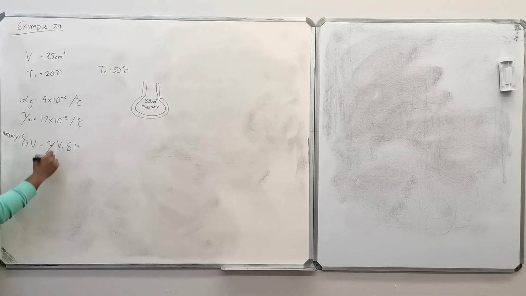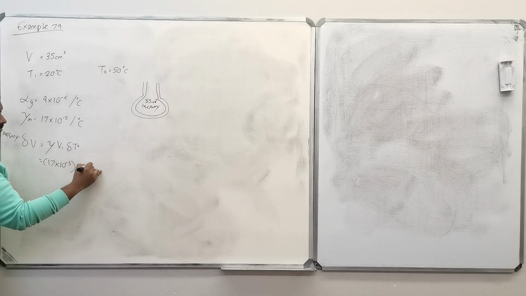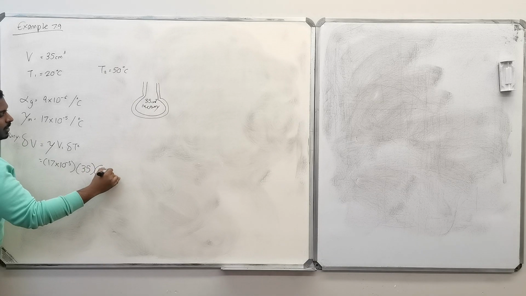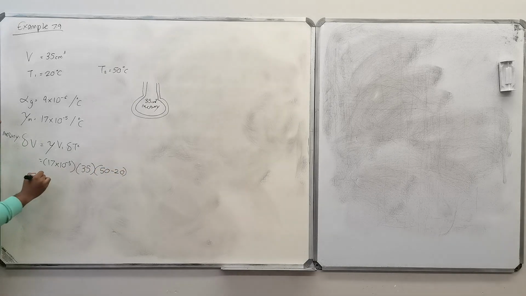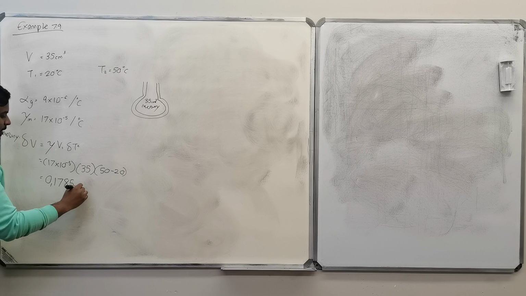So, this is 17 times 10 to the minus 5 times 35 times 50 minus 20, which is 0.1785 centimeter cubed. So this is how much the volume increased by.